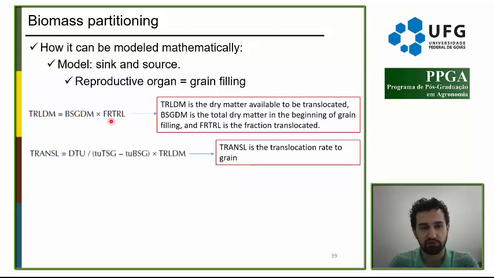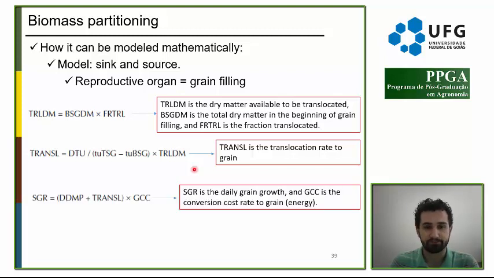The translocation rate to the grain is defined by the thermal time between these two phases and the dry matter available. So from the beginning of the seed growth until the end of the seed growth, I have this time to translocate all the biomass that I have available in the system to the grain.